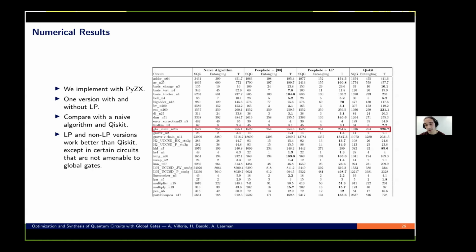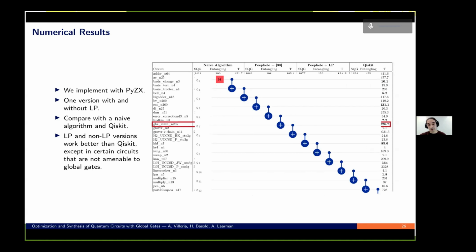In general, we have a lot fewer entangling gates both with the peephole optimization plus PyZX and the one with the linear program. But yes, in the case that your circuit is kind of a counterexample of our use case, then it will not work so well.